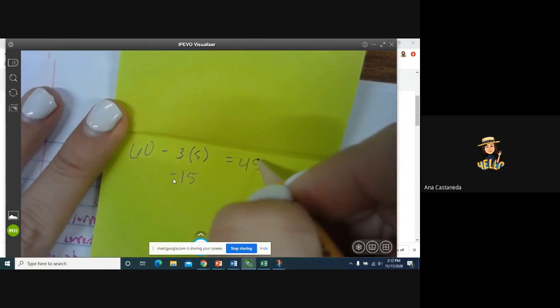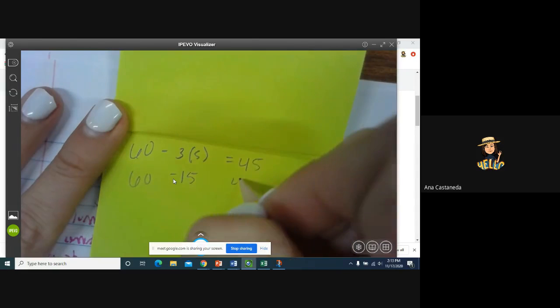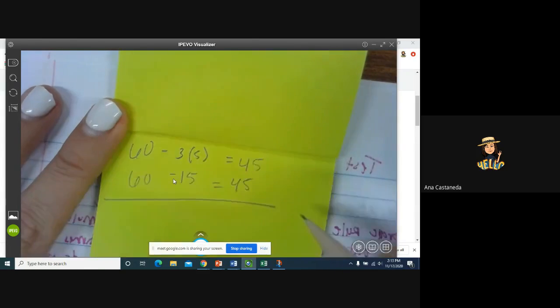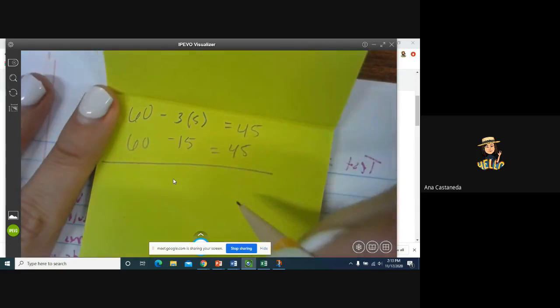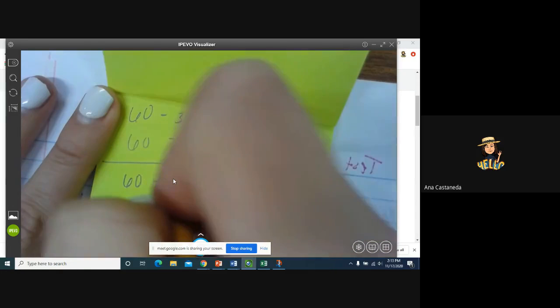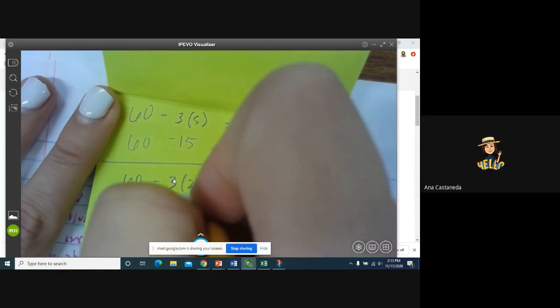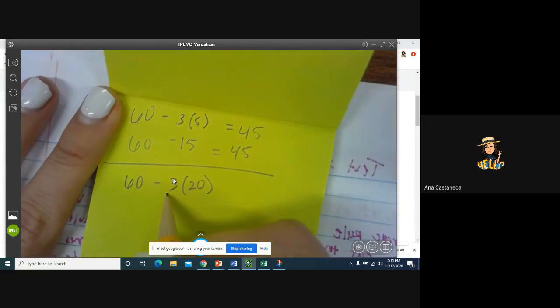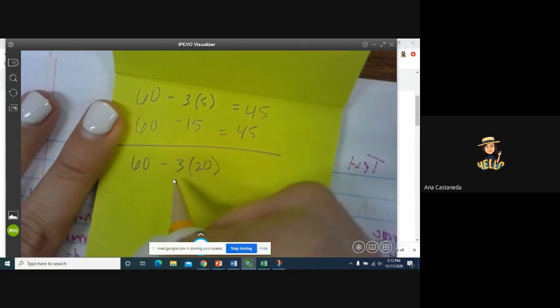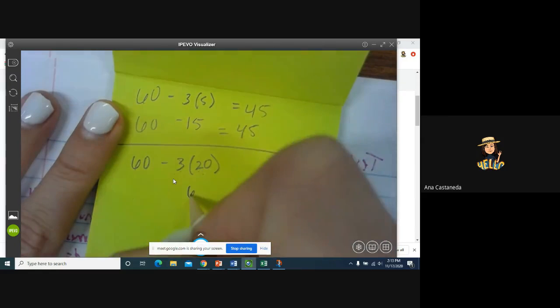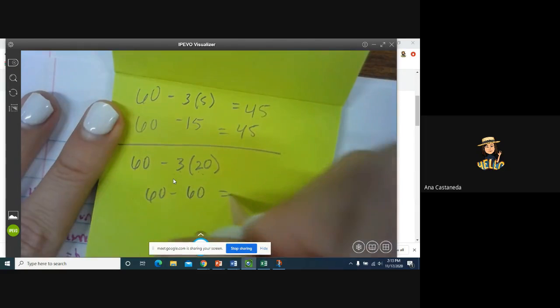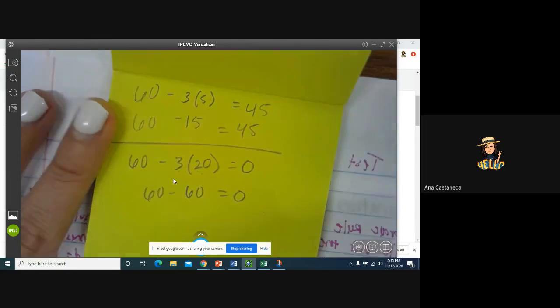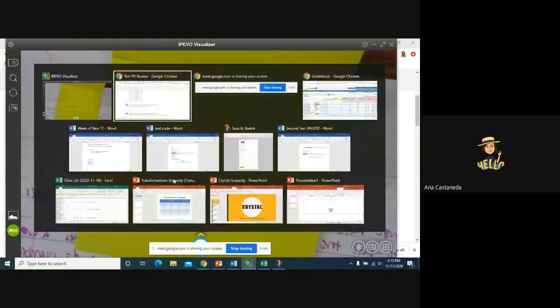And so I get 45, because 60 minus 15 is 45. So I don't want to do minus 3 twenty times. What I can do is just do 60 minus 3 times 20. And 3 times 20 is the same thing as 60. So 60 minus 60 is 0. So on the 20th day, he doesn't have any money left.